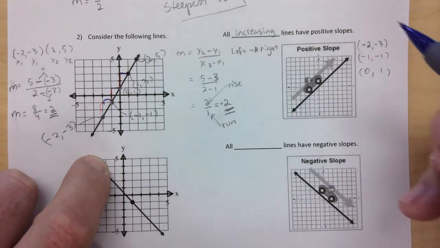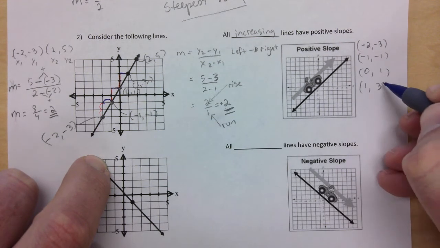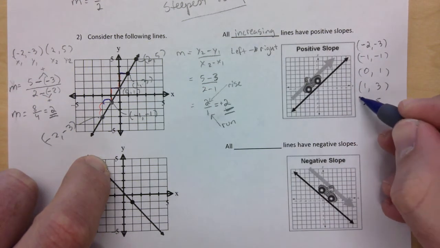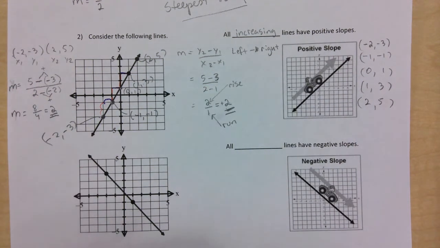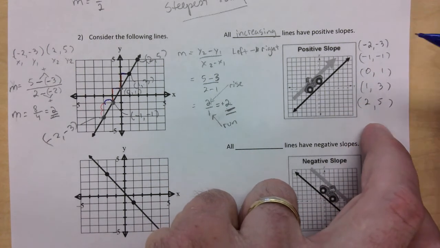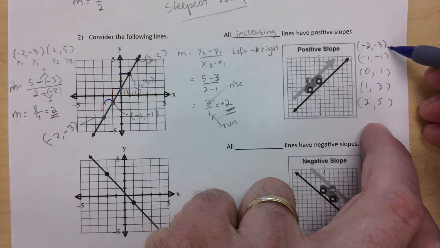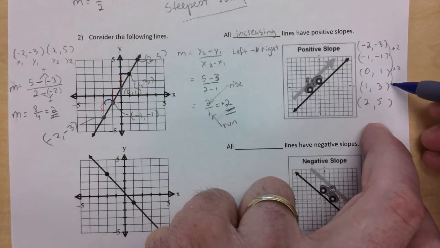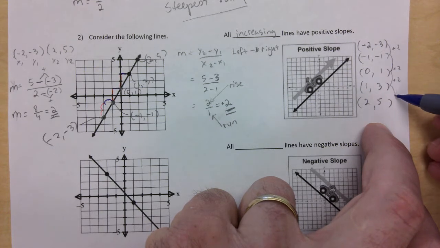And then I was at 1, 3. And then I was at 2, 5. Okay. Let's check, remember the checking if it's linear, right? This is +2, +2, +2, +2.